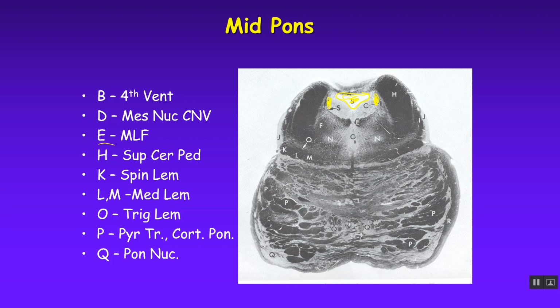E is the medial longitudinal fasciculus. Here's the MLF here, okay? Down lower, down the medulla, remember that the medial lemniscus was more oriented in this anterior to posterior direction.